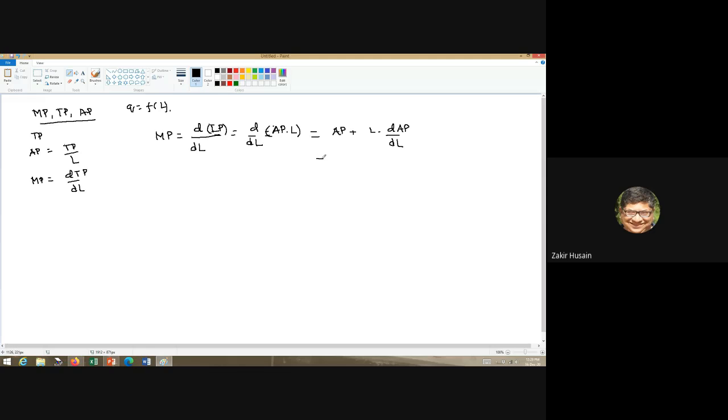Okay. Now L is always positive, right? And this is the slope of the average product curve.